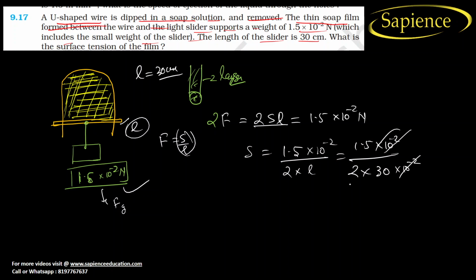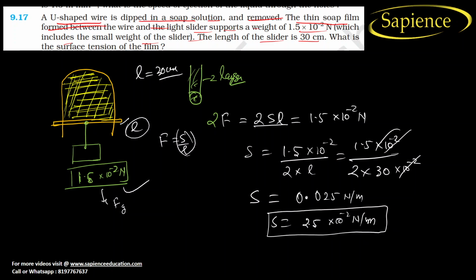The 10 power minus 2 terms get cancelled. So the surface tension will be 0.025 Newton per meter, that is 2.5 into 10 power minus 2 Newton per meter. I hope you have understood this. So this is the correct answer.